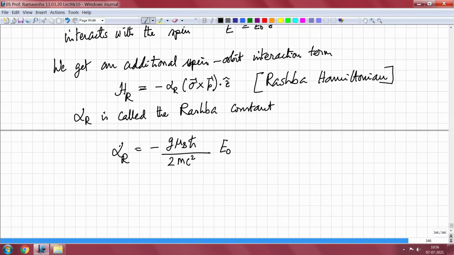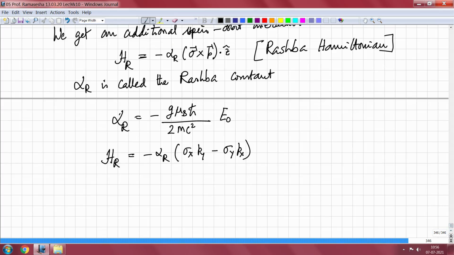Let me write H R again in another fashion, which is minus alpha R times sigma x p y minus sigma y p x. Well, what is interesting about this is that the spin orbit interaction strength is controlled by the field strength E naught.